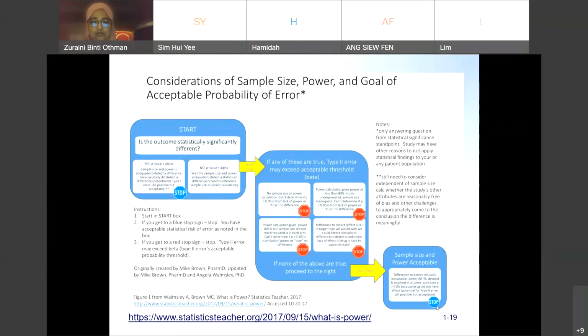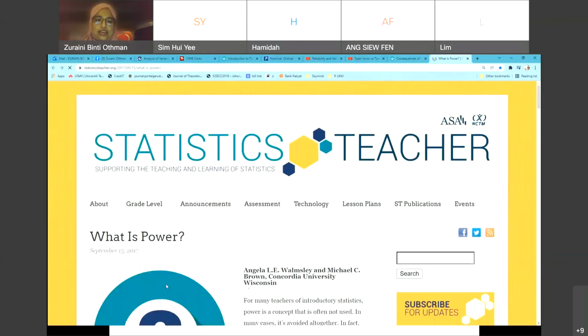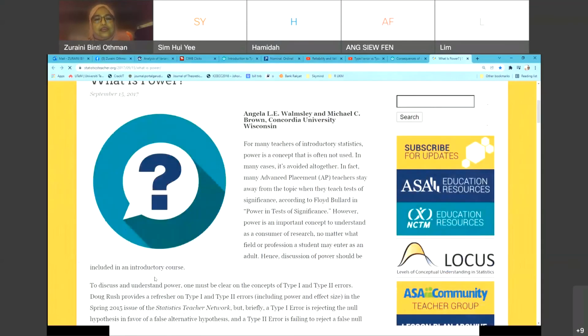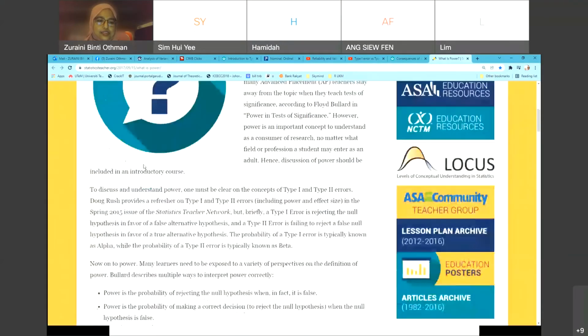Then we stop. This is the note. Here you can see that Statistics Teacher gives you the case study, then guides you on how to determine it. This is from the website that I shared just now.